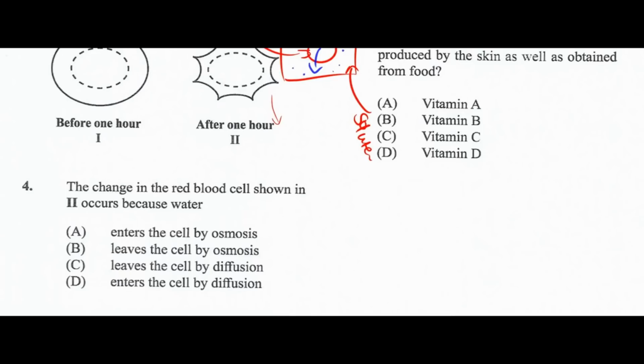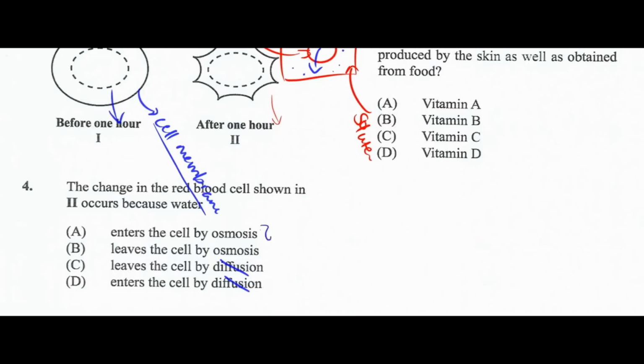So we have leaves the cell by osmosis, enters the cell by osmosis, leaves the cell by diffusion, and enters the cell by diffusion. Diffusion is definitely not the answer because the cell membrane here acts as a semi-permeable membrane or surface for the water molecules to pass through, and remember, it's the water molecules that move, solid particles never move.